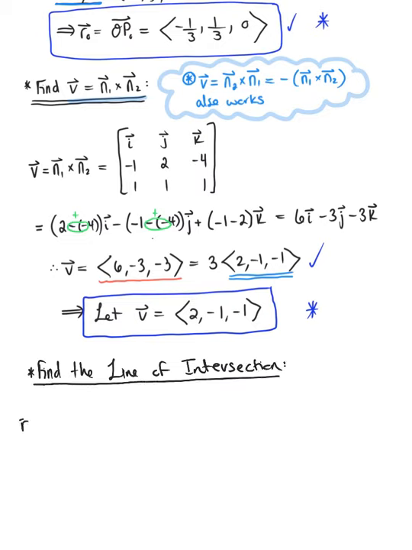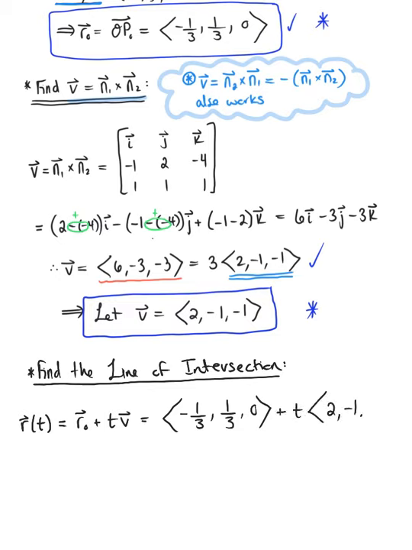So here we go. We have our vector valued function r of t equal to vector r naught plus an arbitrary parameter t times the parallel vector v. So we have our position vector, -1/3, +1/3, 0, plus t times the parallel vector 2, -1, -1.